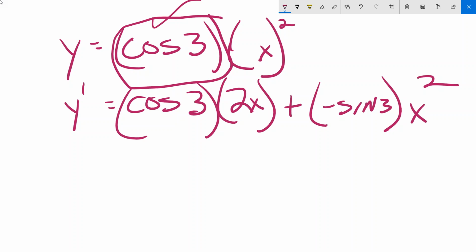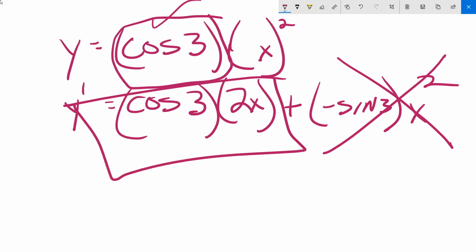Stick it into your calculator. Oh, cosine of 3 is a number. And the derivative of a number is 0. So this whole part of it gets crossed out, and this becomes your answer. Because if the cosine of 3 is a number, then the derivative of it is not minus sine of 3. That's actually what was wrong. The derivative of it is 0.